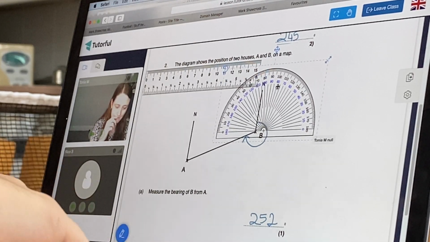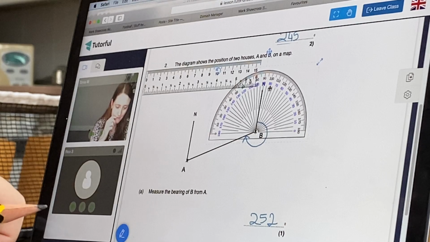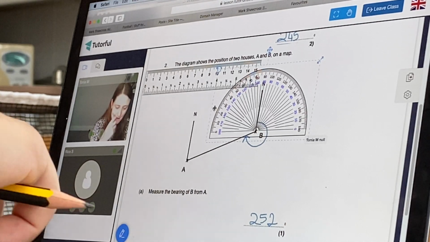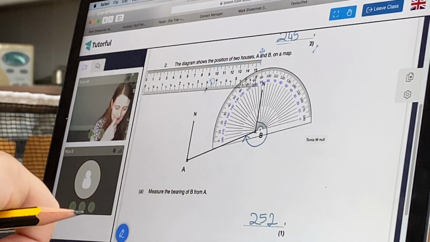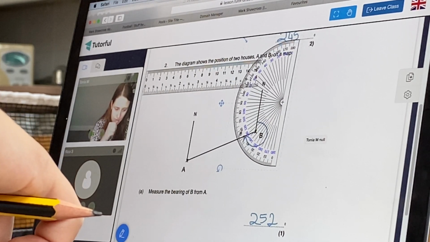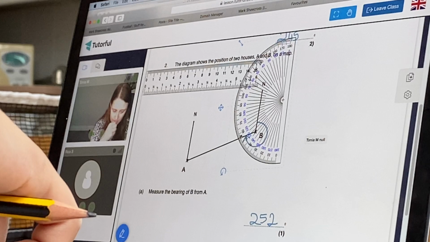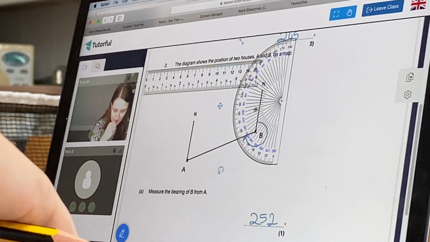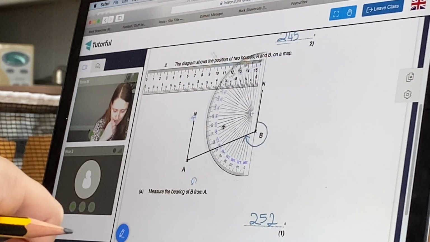So we will have to rotate this. Then it has to touch 0.